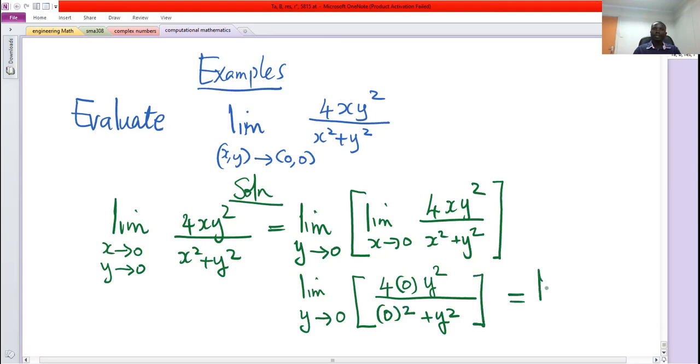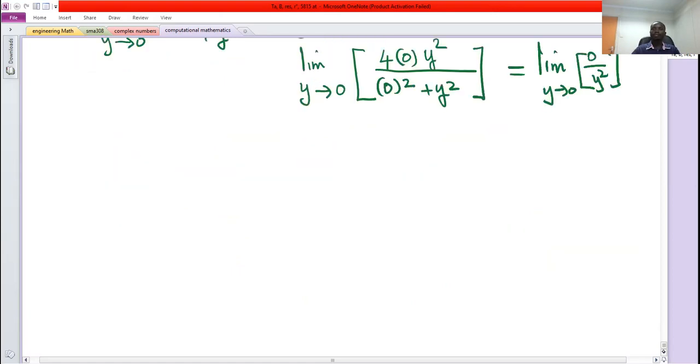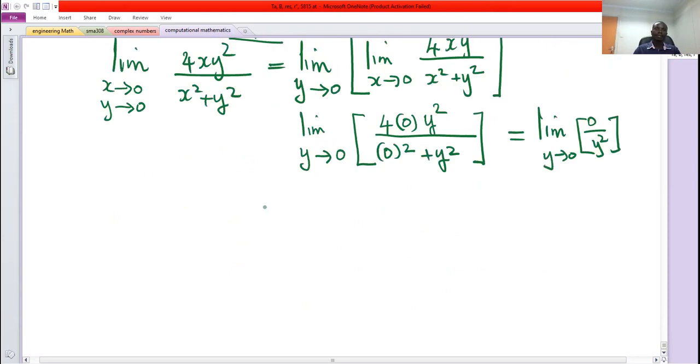So this will be the limit as y approaches 0 of 4 times 0 times y squared, which is 0, over y squared. And 0 over y squared is given by 0. So you'll have the limit as y approaches 0, and this value here is 0, which is just 0.